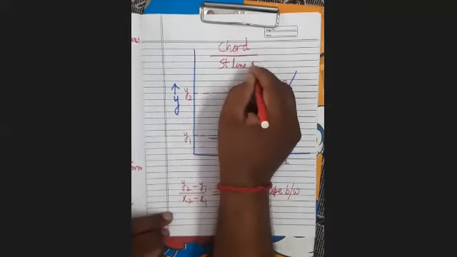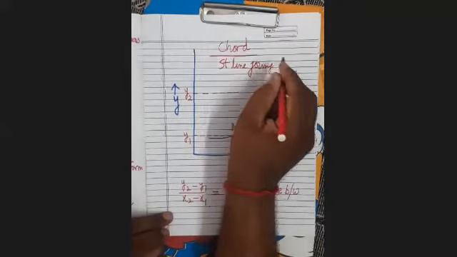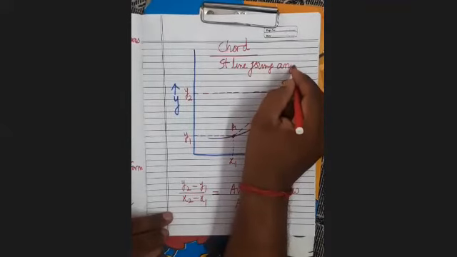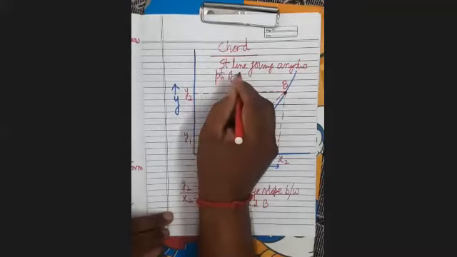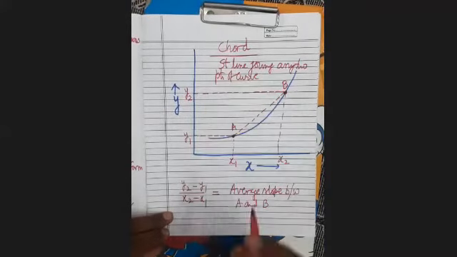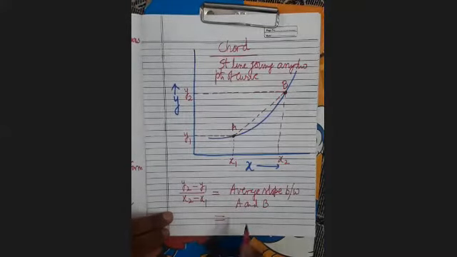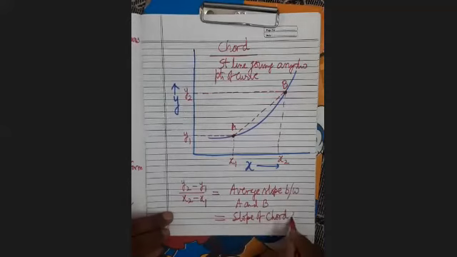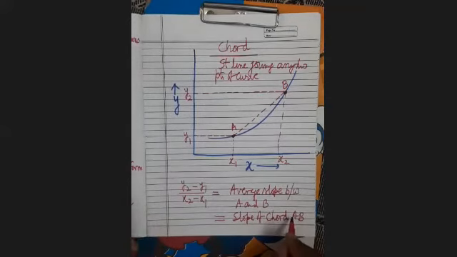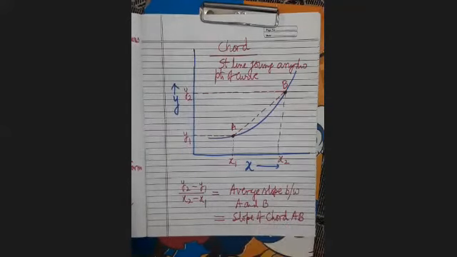So here you can say that this is the slope of chord AB. It's clear?